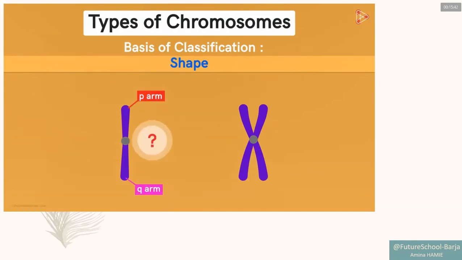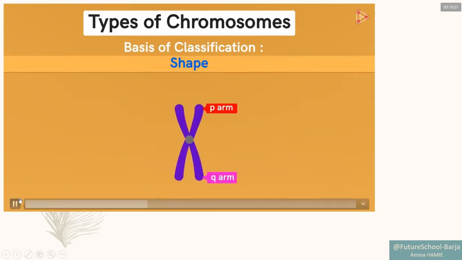So how do we recognize which is the P and which is the Q arm? Is it based on their positions? Nope, it depends on the size. The smaller arm is the P arm, while the larger one is the Q arm. So this chromosome has one P and one Q arm, while this one has two P and two Q arms.